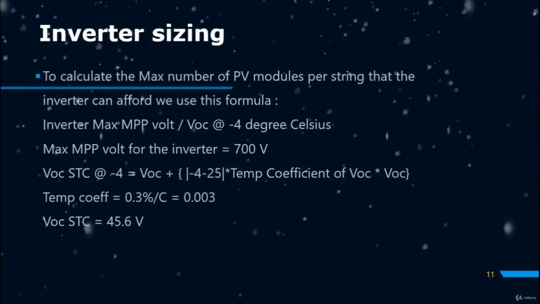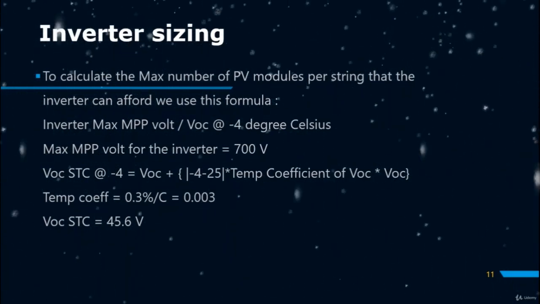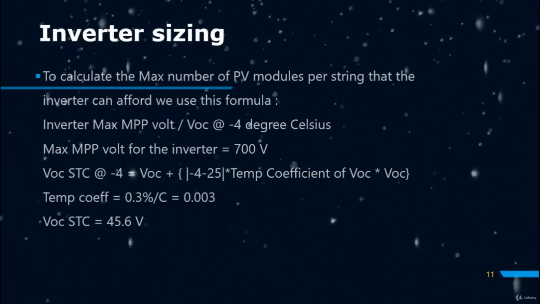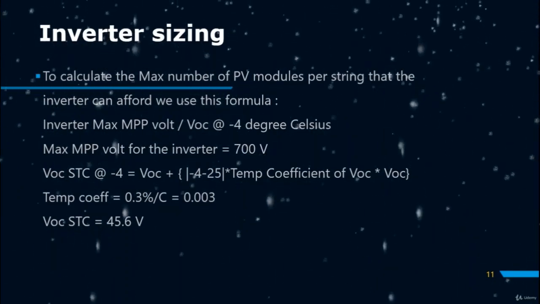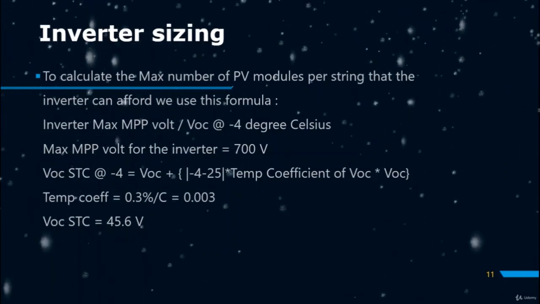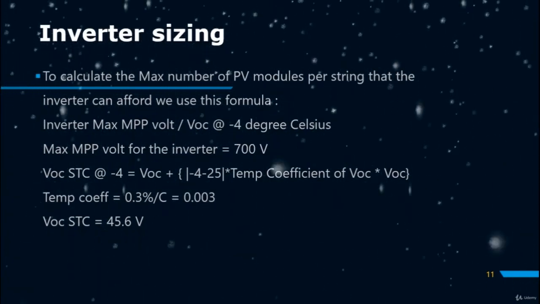Now, to calculate the V open circuit of the PV panel at STC condition, we use this formula: V open circuit plus absolute -4 minus 25. The 25 is the temperature used in the standard test, multiplied by the temperature coefficient of the PV panel, multiplied by the V open circuit.